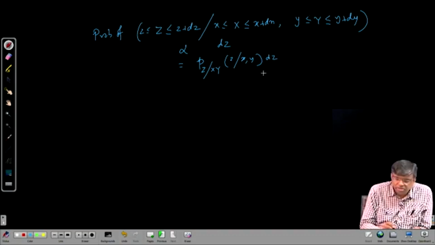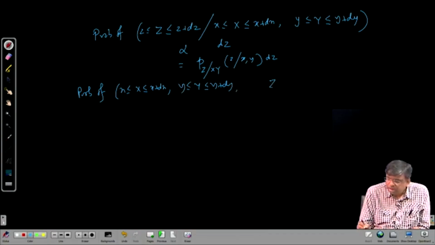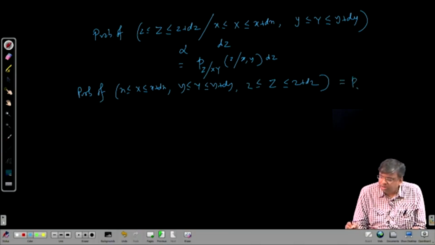So, then the probability of x lying between small x to x plus dx, capital Y from small y to y plus dy, and capital Z from small z to z plus dz, which we have already seen in terms of joint density.